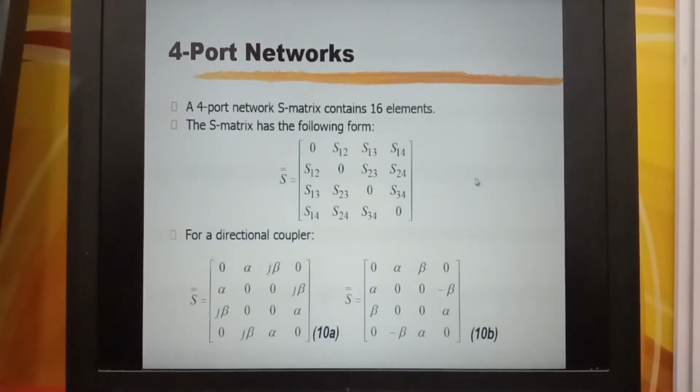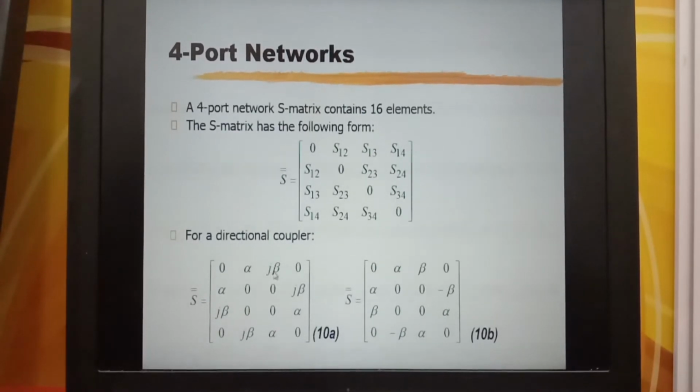There are two different types of directional coupler which have different S matrices. One looks like this and another one looks like this. The first one, S12 is alpha and S13 is j beta.